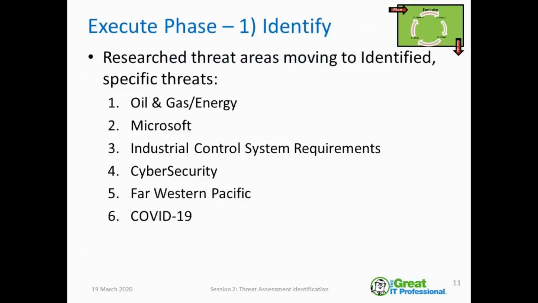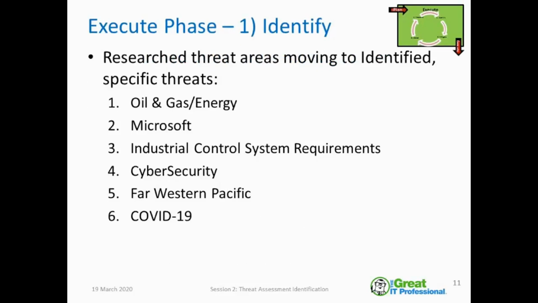When we looked at the first phase, identify, last time in the execute phase, we identified the threat areas and broke them up into 6 areas. Oil and gas, energy, where there were threats we could assume there might be. Microsoft in and of itself, industrial control systems, cybersecurity, the physical location, the far western Pacific.